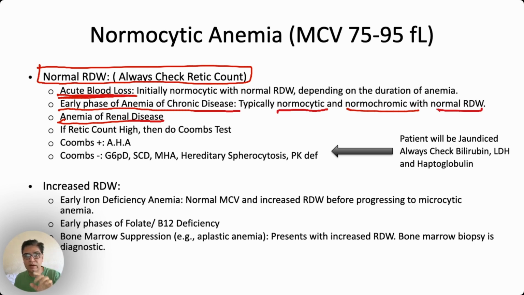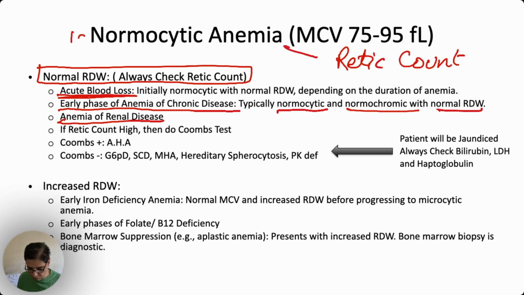In normocytic anemia, another thing that we need to order, which is not part of your normal full blood count report but can be requested, is the Retic count. So I would say whenever you see a normocytic anemia, irrespective of red cell distribution width, order a Retic count. This is very, very important. So step number 2 after looking at this would be to go for the Retic count.